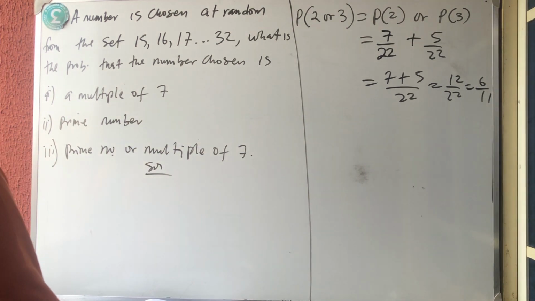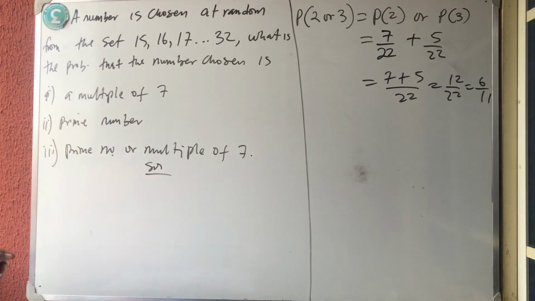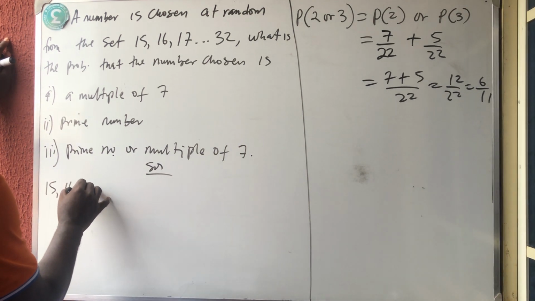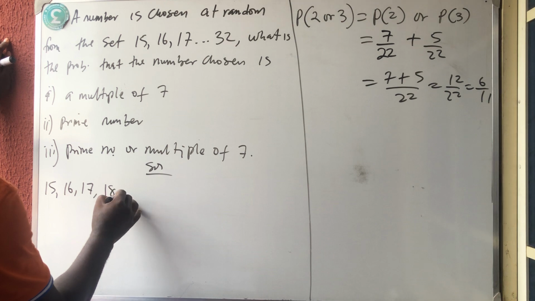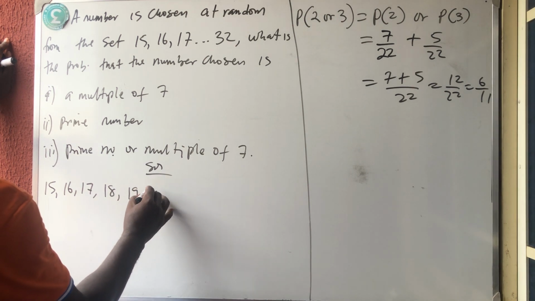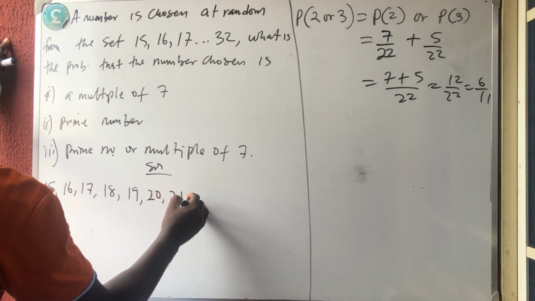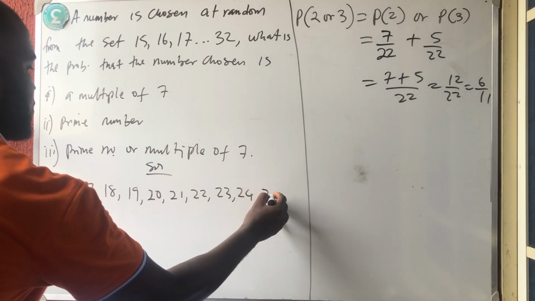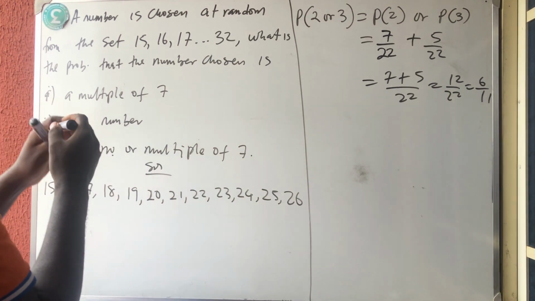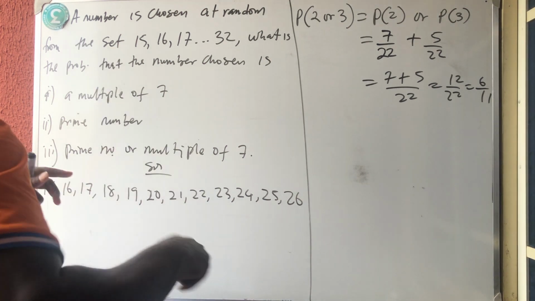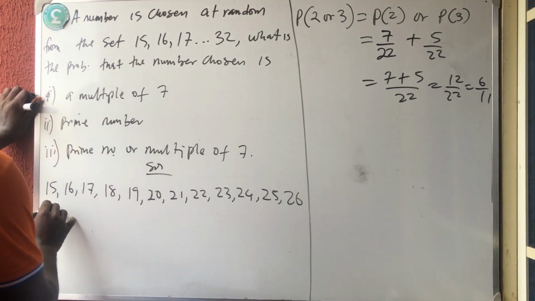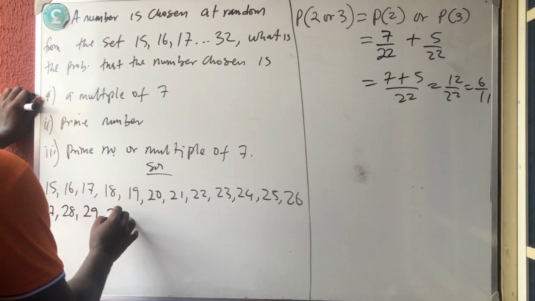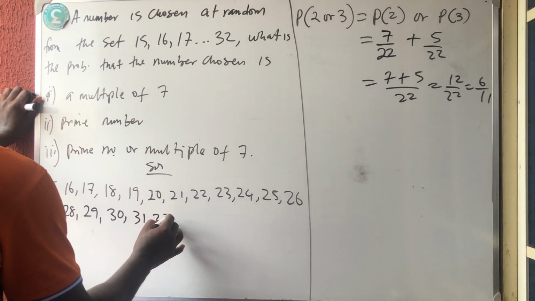So we can list the numbers. I have 15, 16, 17, 18, 19, 20, 21, 22, 23, 24, 25, 26, 27, 28, 29, 30, 31, 32.